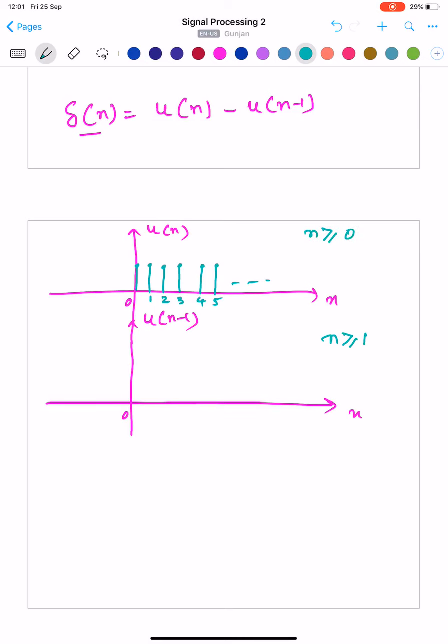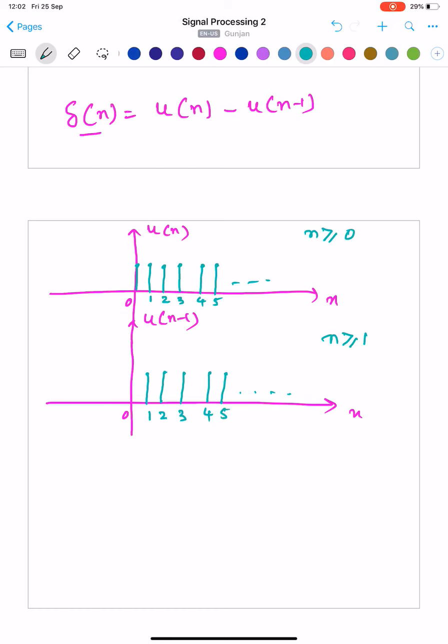So the first point in u of n is 0. The first point in this one is 1. Please mind my drawing, I'm not very good at drawing. The spacing between any two of these is equal, it's 1. So this is 1, 2, 3, 4, 5.